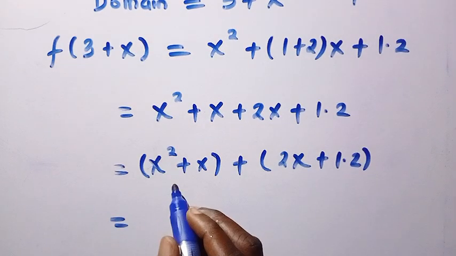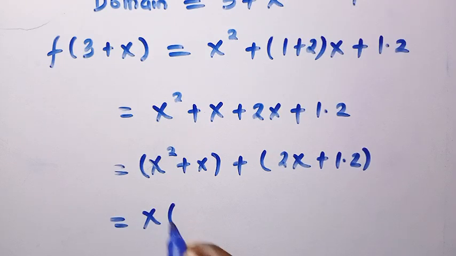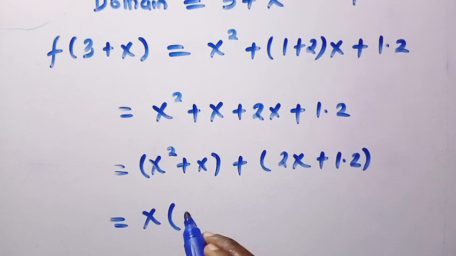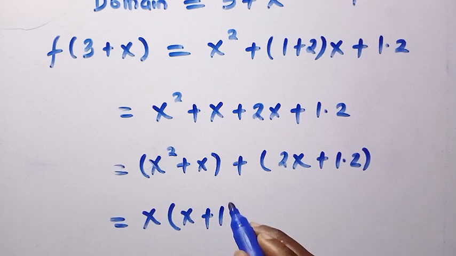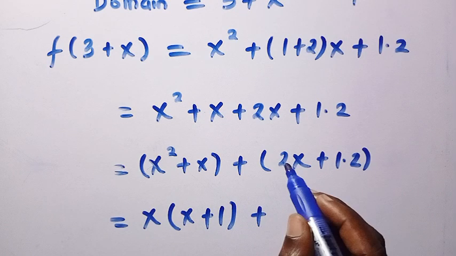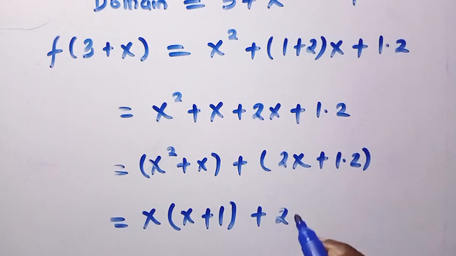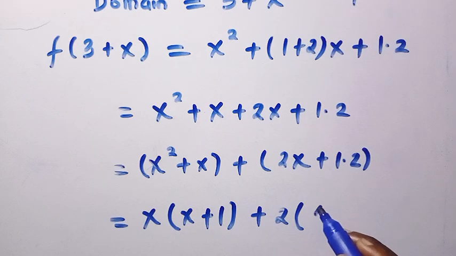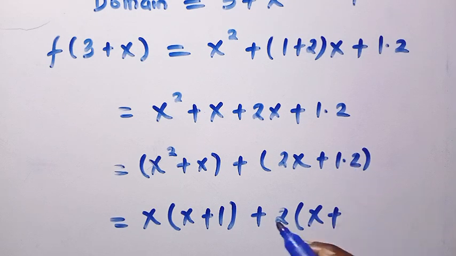After successive grouping, we are going to factor out x. When we factor out x, x squared divided by x gives x, plus x divided by x, that is 1. Then plus, what is common here is 2. If I factor out 2, we have 2x divided by 2, that is x, plus 2 times 1 divided by 2, that is 1.